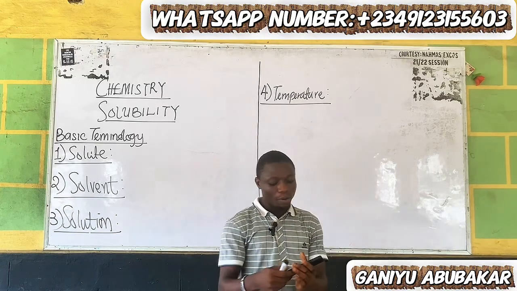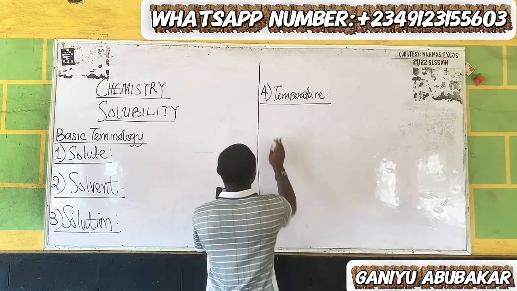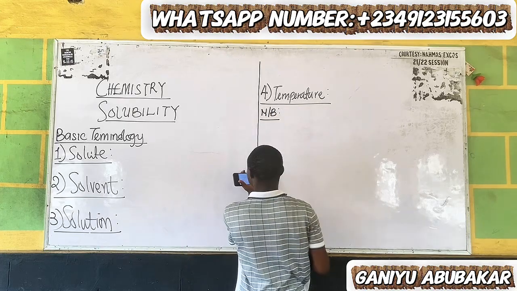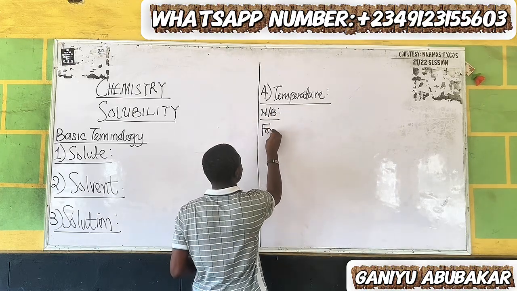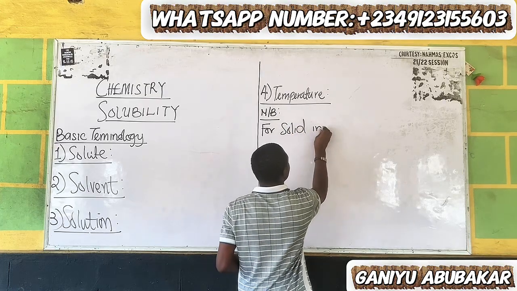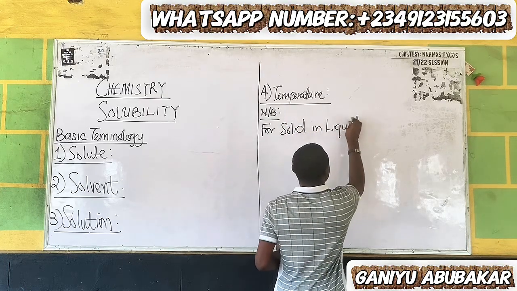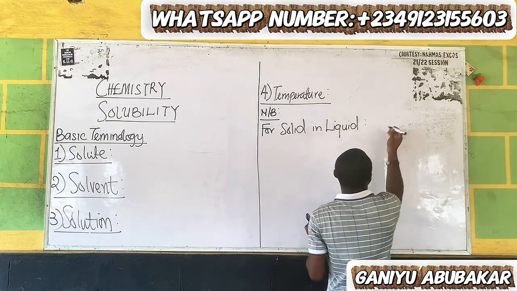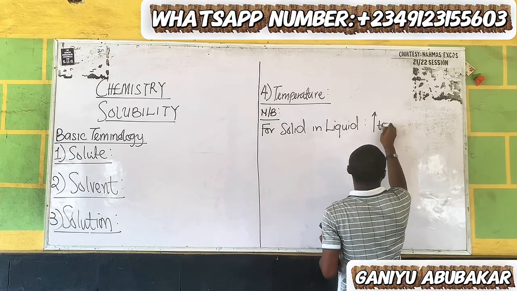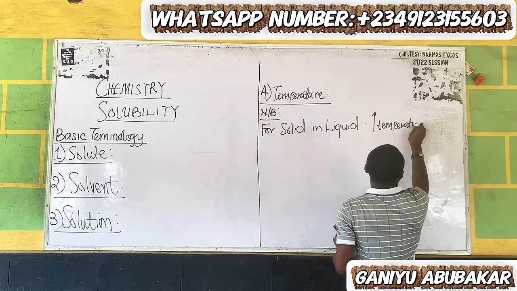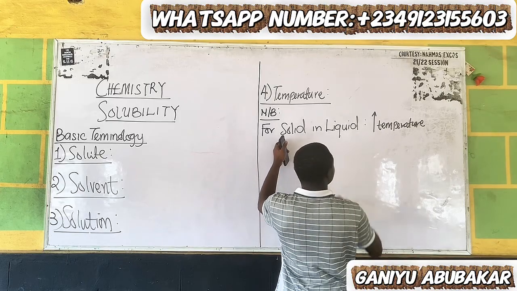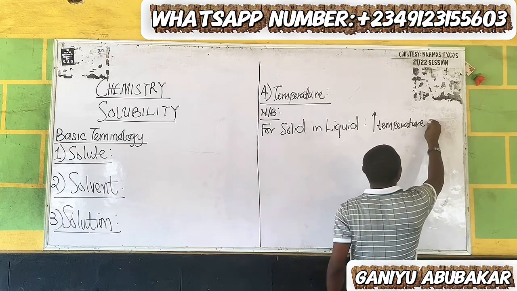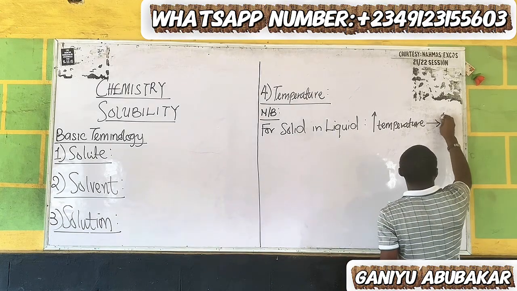So at this junction here, I would like to explain these two stuff. So under temperature, know this please. For a solid in a liquid, if I have a solid in a liquid such that I increase the temperature, it means that the solubility will also increase.